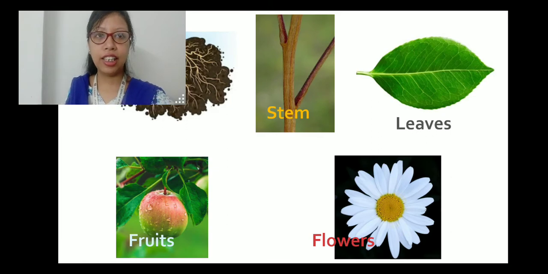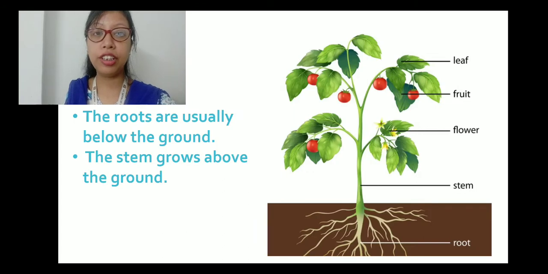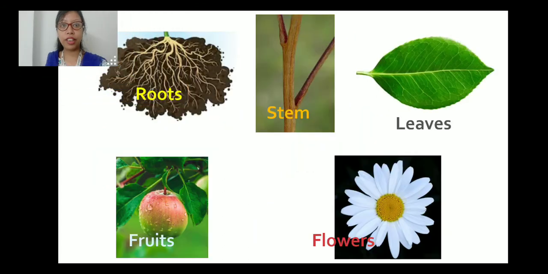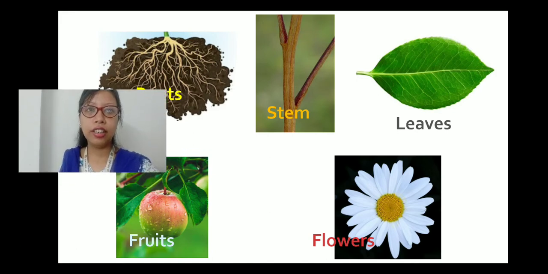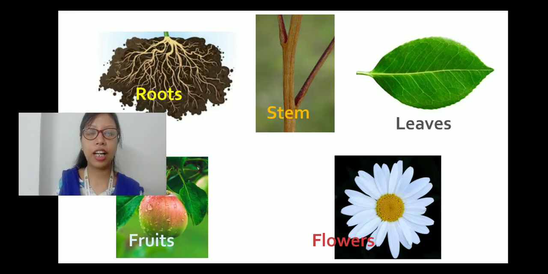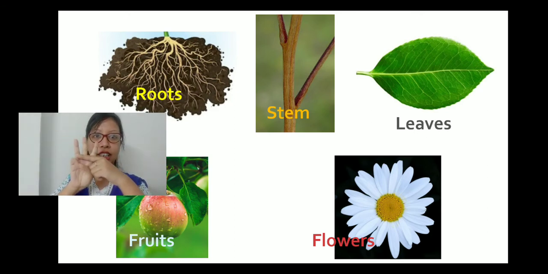Let us learn these 5 parts with the help of the photos that I have already given here. As you can see, the first one is roots, then we have the stem, then leaves, then fruits, and then the flowers. Can you see on the screen? So these are the parts of a plant.